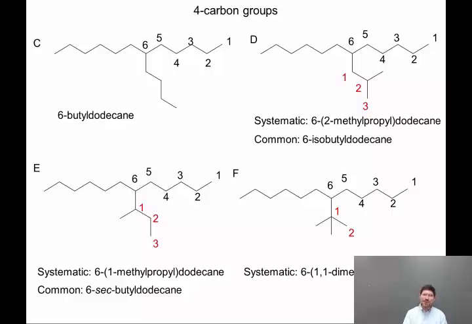If you look at carbon 1, the carbon bound to the parent chain, it is bound to 2 other carbons. Therefore, that is considered a secondary carbon. We're going to see this concept of secondary, tertiary come back again when we look at some other different functional groups. Okay, so the common name for this is sec-butyl because of the secondary nature of carbon 1.